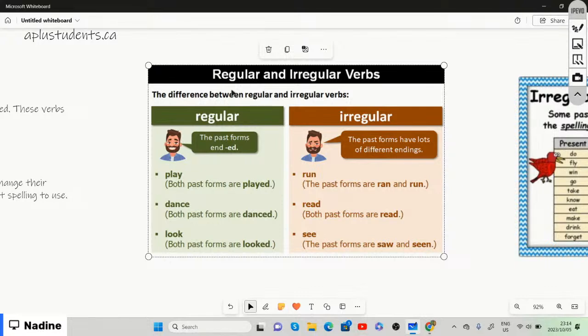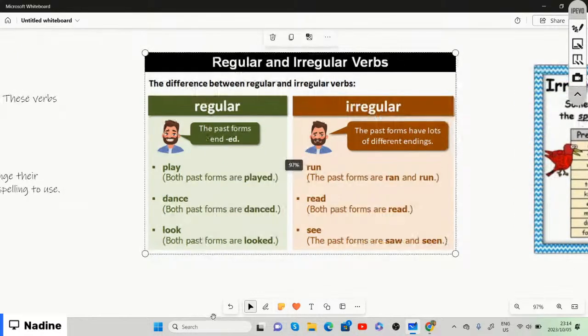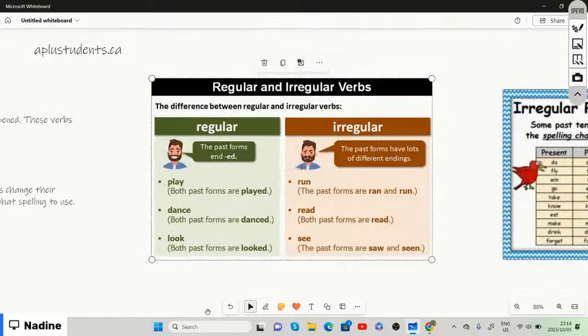So the difference between regular and irregular verbs: when it comes to regular verbs, the past tense form ends in -ed. With regular verbs, there's basically a rule that you just add an -ed and then it will show that this word is in the past.